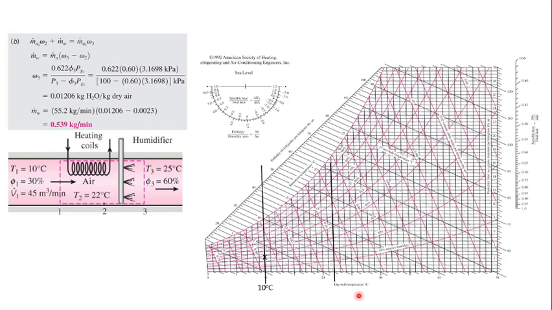And as for state 2, this is the temperature involved, 22 degrees C. Then we know that from section 1 to section 2, omega 1 is constant. So we sketch a horizontal line to represent the path of 1 to 2. And then next is to plot T3 and Phi3. So this is the temperature involved, and that is point 3. Then this is the process from 2 to 3.